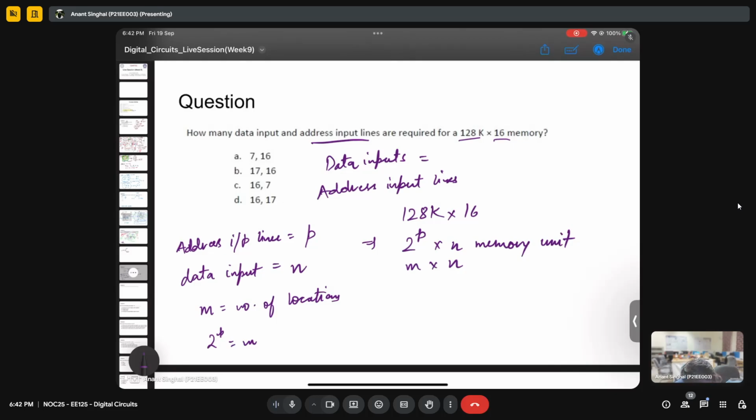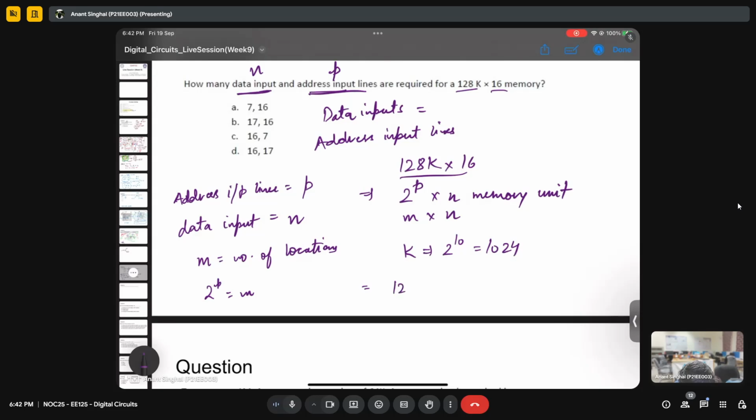Now the question asks how many data inputs and address inputs. Data input is n and address input is p. K is 2 raised to power 10, which is 1024 bytes.